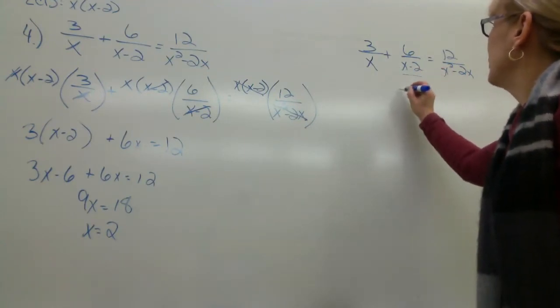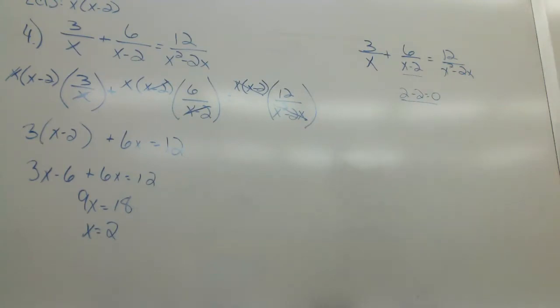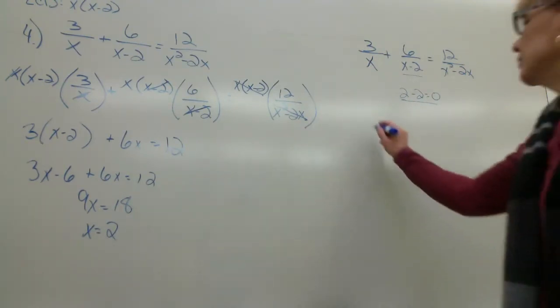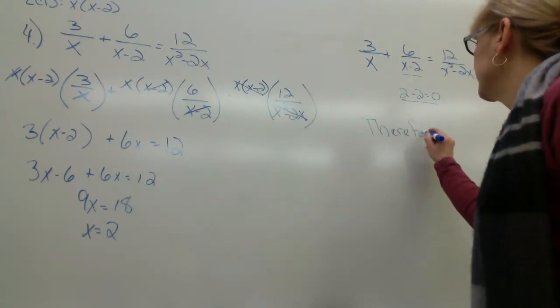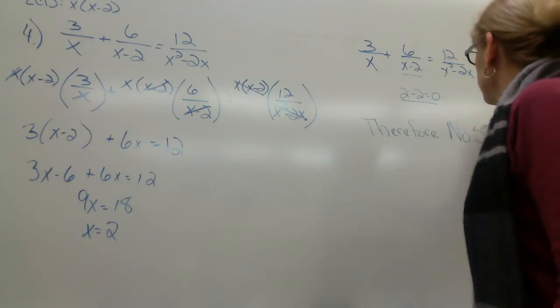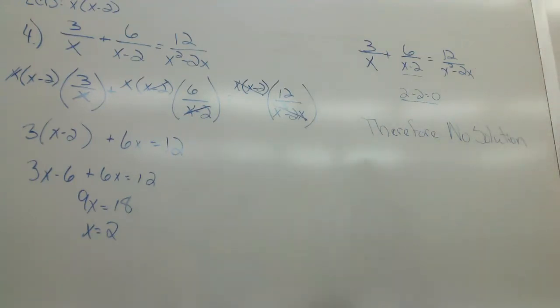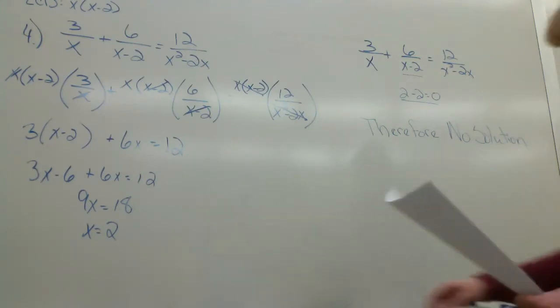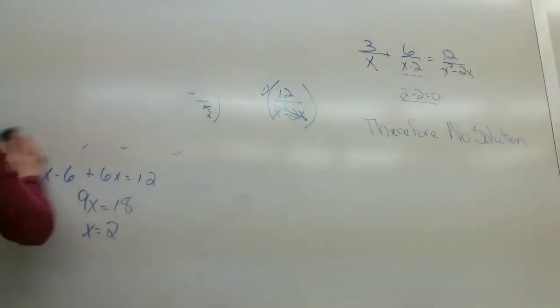Right here, I will have 2 minus 2, making that denominator equal to 0. We can't have a denominator of 0. Therefore, there is no solution to this problem. You can write the empty set, the null set, but 2 is not a solution to this problem. Okay? In 1 minute, and we'll get on to question 5.